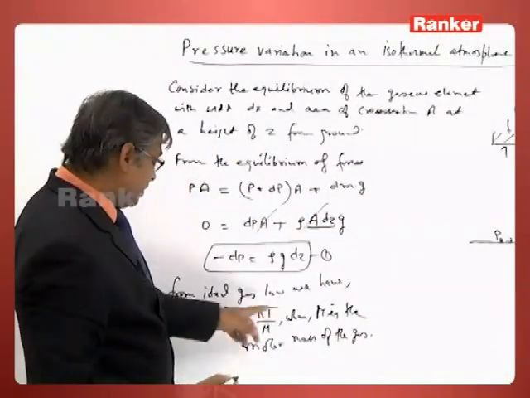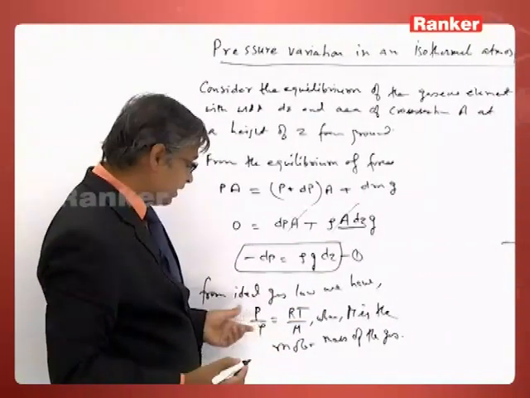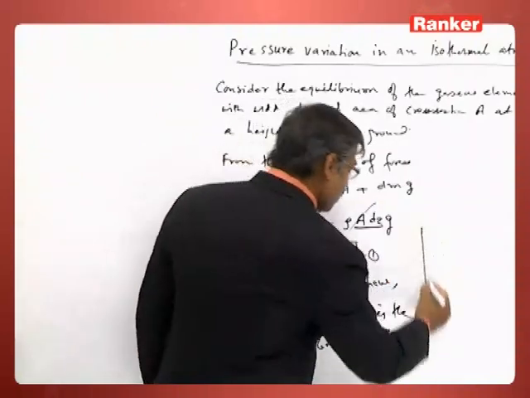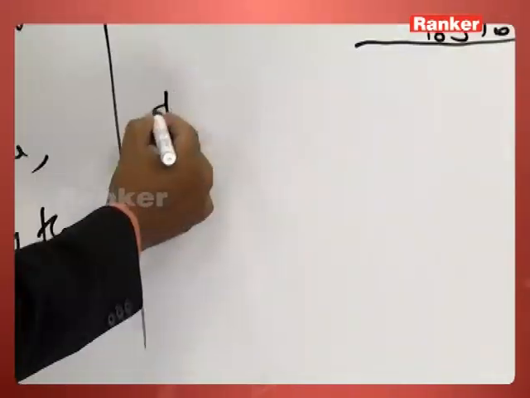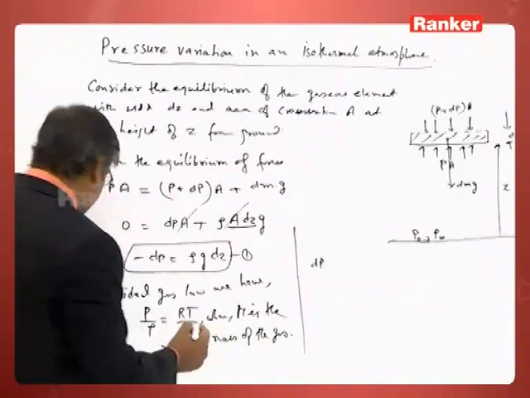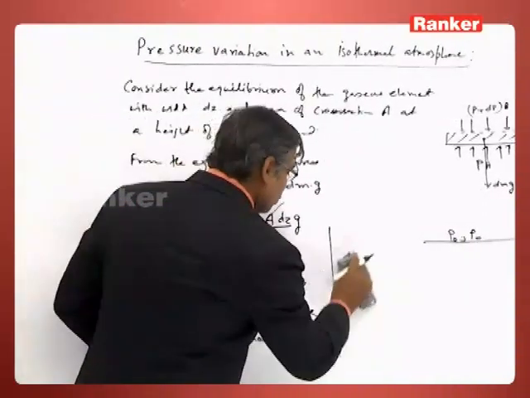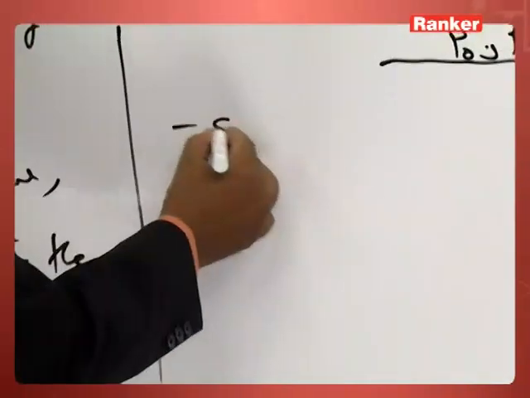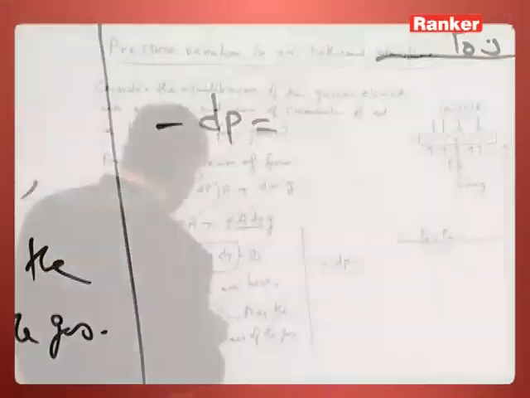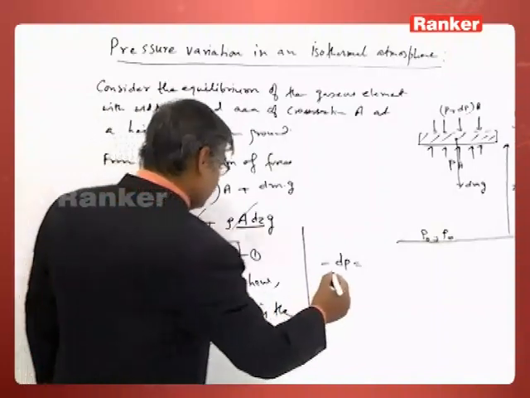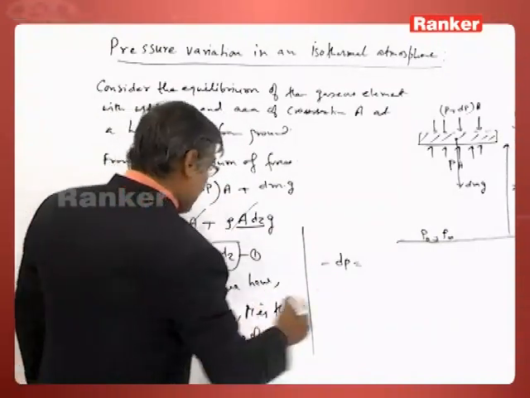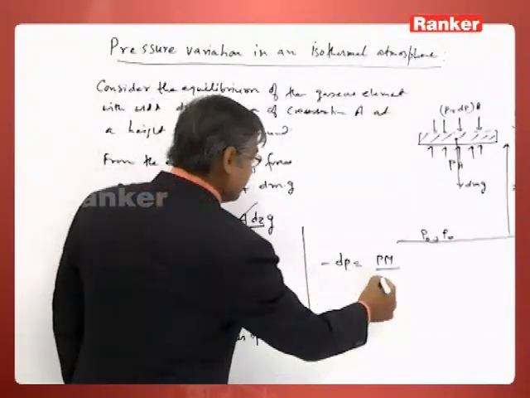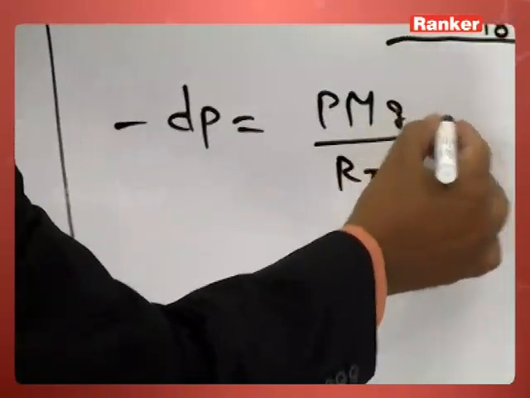So now you see this is our working formula, P by rho is equal to RT by M. So from this let us write the expression of rho. So we will write minus dP is equal to, now rho will be PM by RT, and this is g dz.